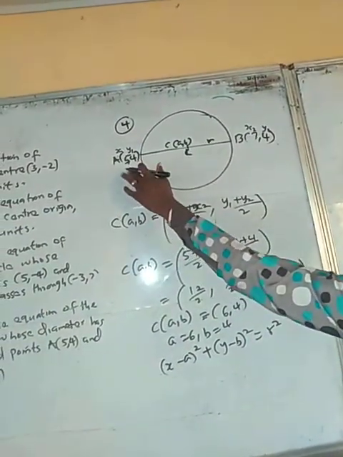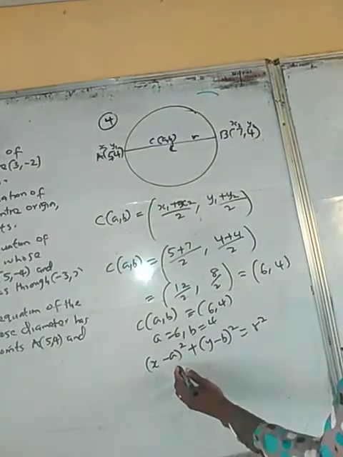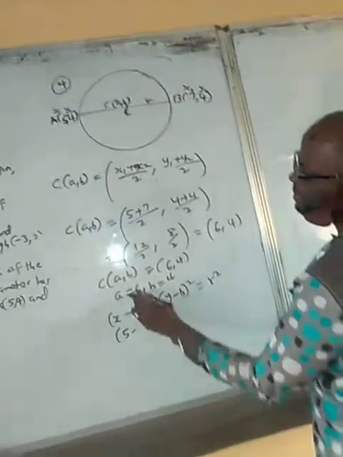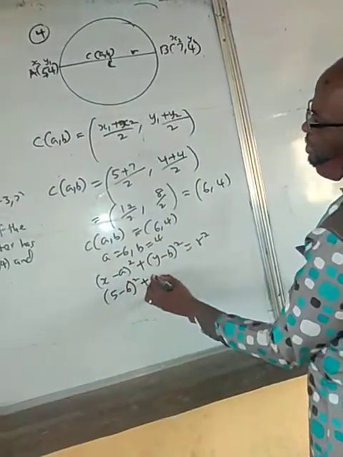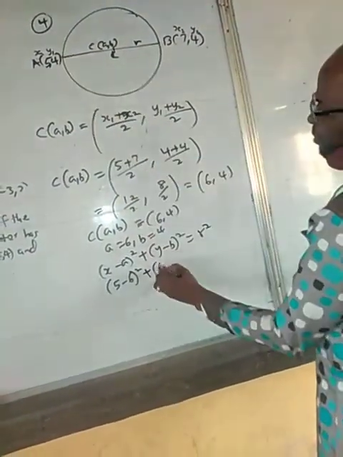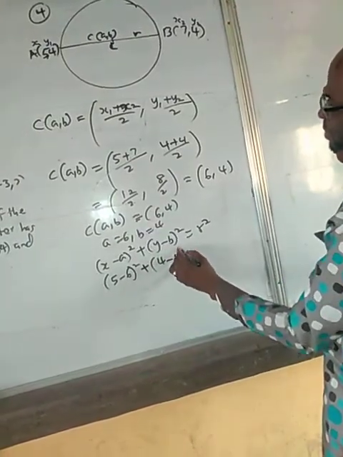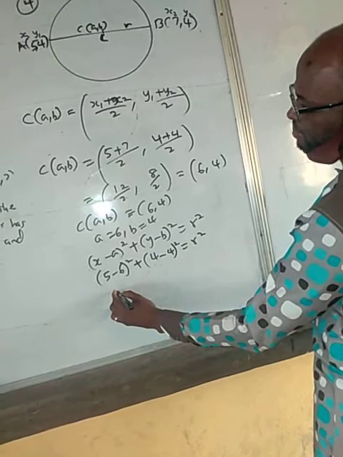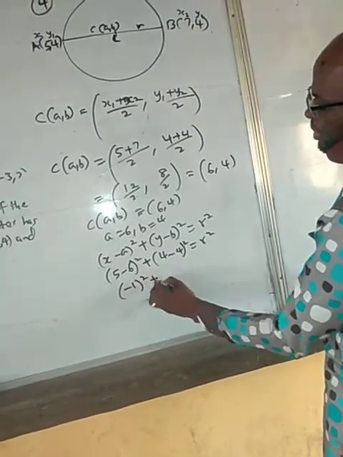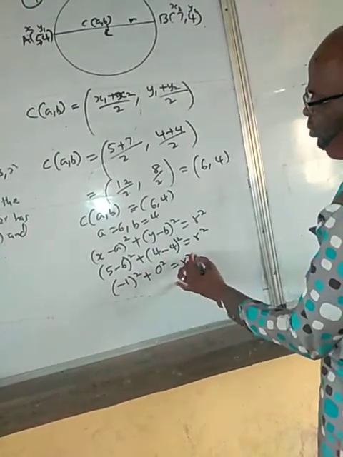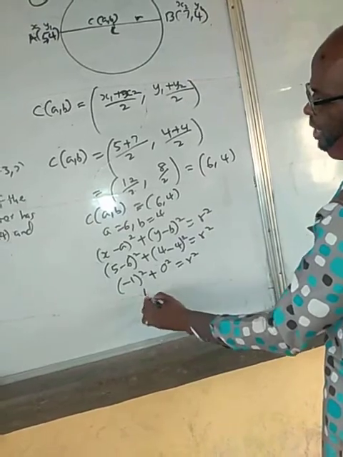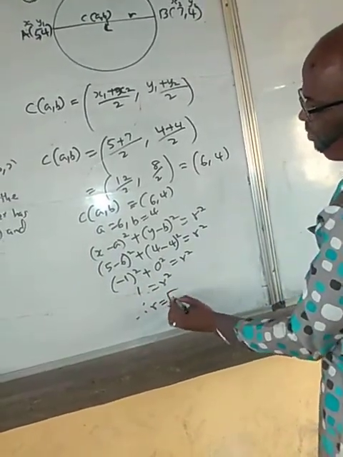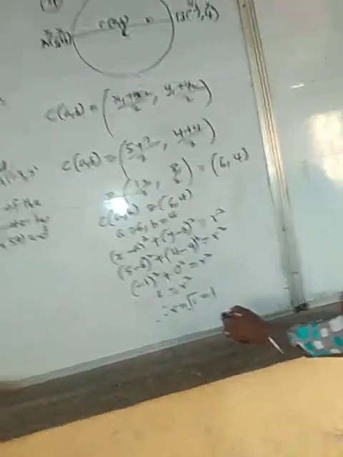You can use A or B. So using point A, x will be 5 minus a, which is 6, all squared, plus y will be 4 minus b, which is 4, all squared is r squared. So 5 minus 6 gives minus 1 all squared plus 0 squared is equal to r squared. Minus 1 squared is 1, so r squared is 1. Therefore, r is the square root of 1, which is 1 unit. So I have all my parameters.